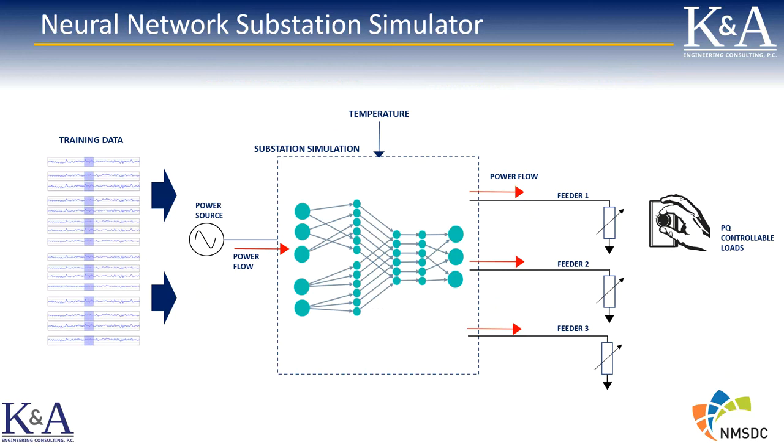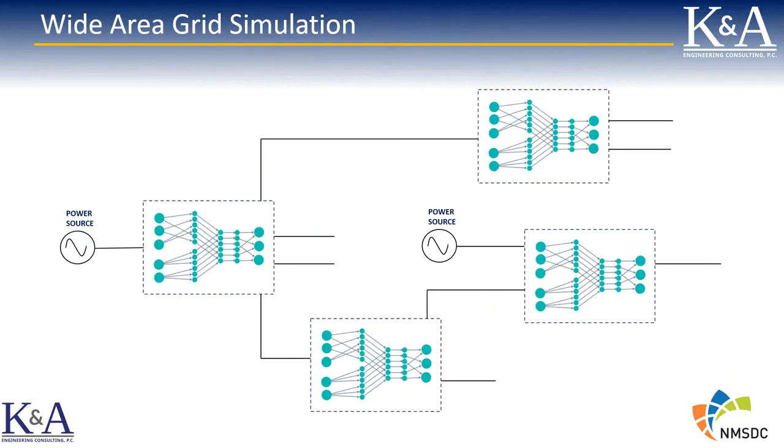We can create nominal running conditions, or conditions where the network is running near full capacity, just on the edge of full capacity, or we can even create overload conditions. And then we can see how the neural network responds. We can monitor the data traces and make sure that they correspond with the way that the actual substation, or the RTDS simulation of the substation, behaves. Next, please.